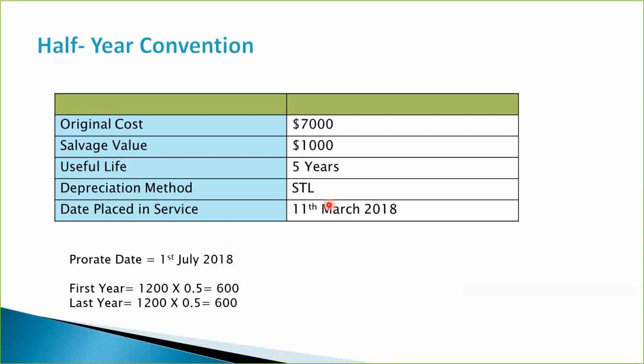So even for that last year, the depreciation expense will be 600, okay? And when you add 600 plus 600, you get 1200. That's the depreciation expense for 1 year, plus now the 4 years in between, 2019, 2020, 2021, and 2022. That's 4 years, okay? So the total comes up to the 6,000.